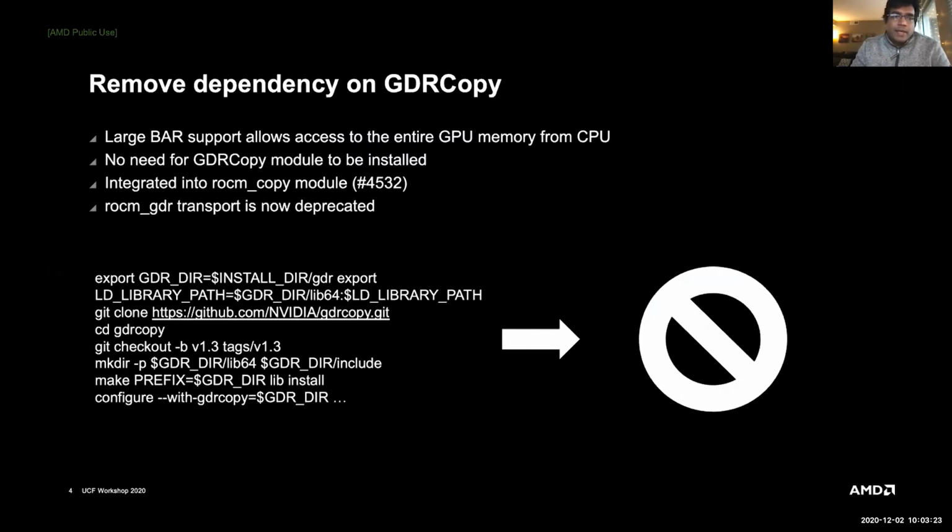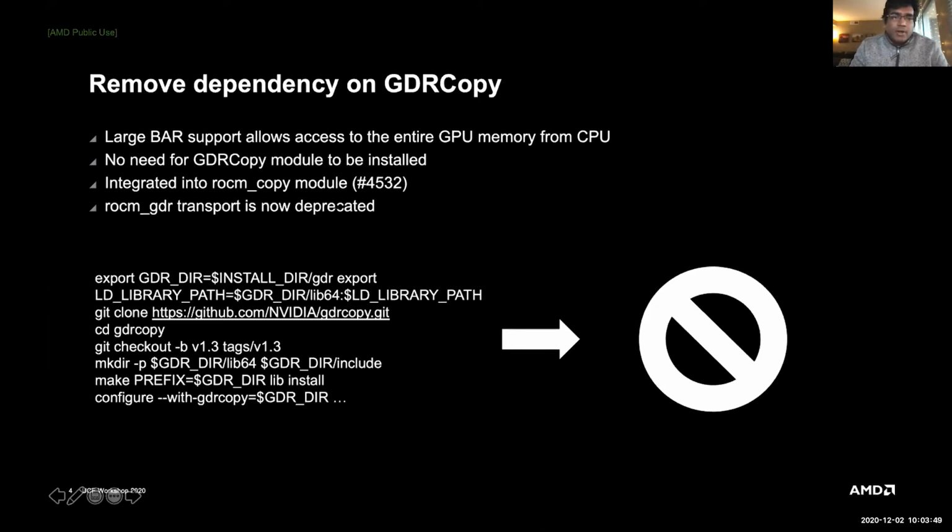But all the AMD ROCm GPUs have large BAR support that allows the CPU to access the GPU memory directly without going through the GDR module. So we were able to remove the dependency on that. And as the earlier talk from Jamin showed, a lot of users had issues building and linking with the GDRCopy module, so we think this is a good improvement.